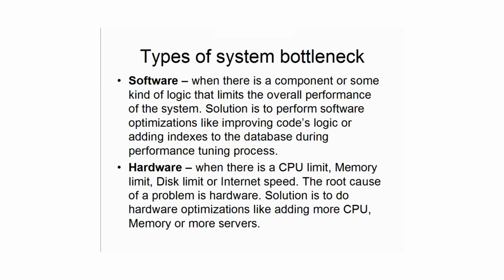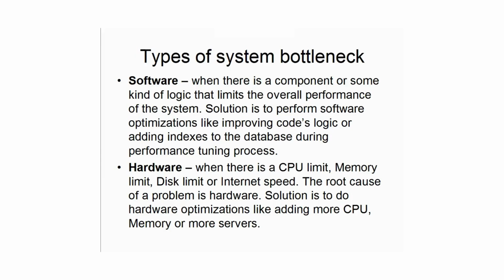So, types of bottleneck: software and hardware. Software is when there is a component or some kind of logic that limits the overall performance of the system. The solution is to perform software optimizations, like improving the code's logic or adding indexes to the tables in the database during the performance tuning process.